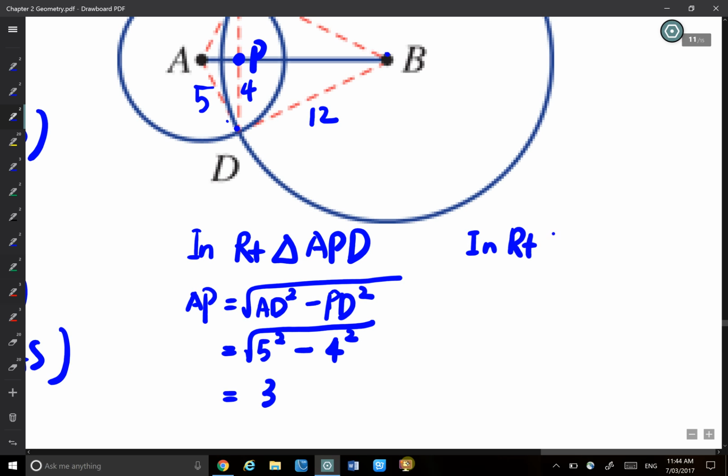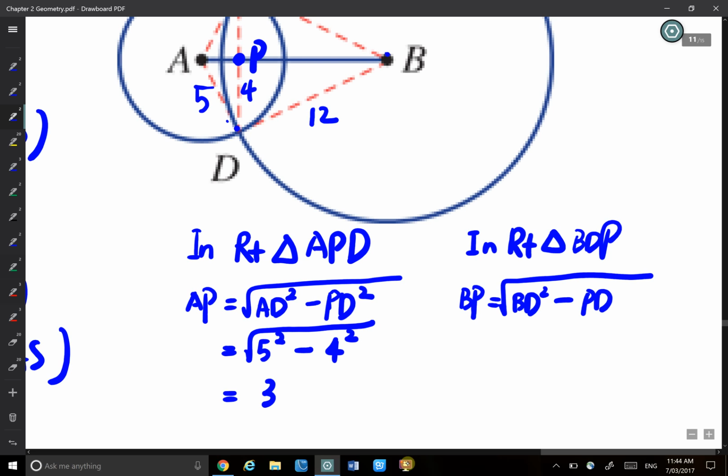Then in right angle triangle BDP, the right hand side one, BP equals the square root of BD squared minus PD squared.